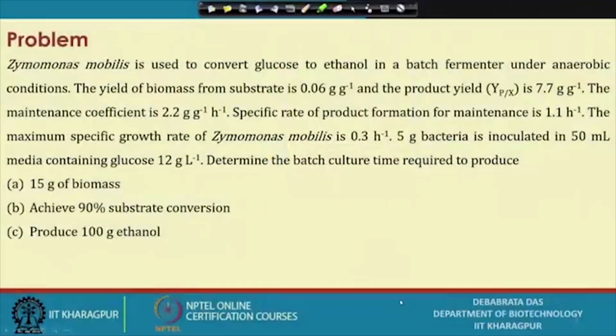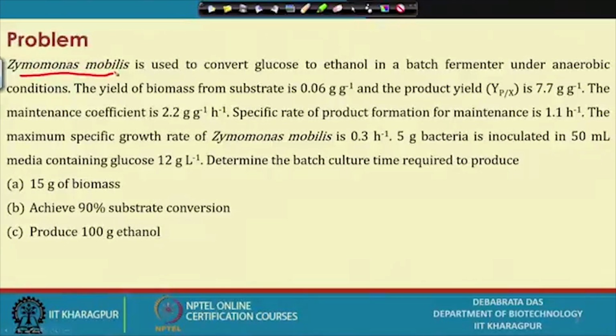Let us see how we can solve this problem by using all three factors. Now we have come across three factors: one is cell mass formation, another is product formation, and the third is the maintenance of the cell. So substrate is going for all three purposes. Now the first problem is about Zymomonas mobilis, a kind of bacteria.